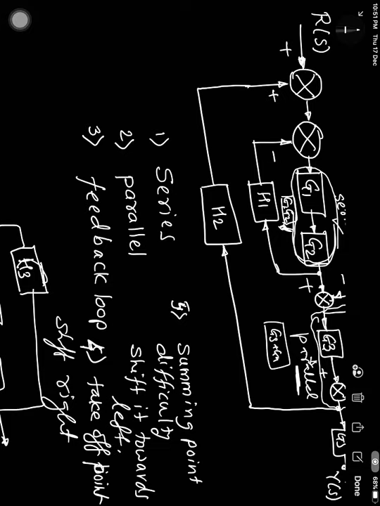Third, check for the blocks connected in a feedback loop and simplify it. Fourth, if there is difficulty with a takeoff point while simplifying, shift it towards the right, and if there is a difficulty with the summing point, shift it towards the left, and last, repeat the procedure. So this is a solution for the complicated problem. Thank you.